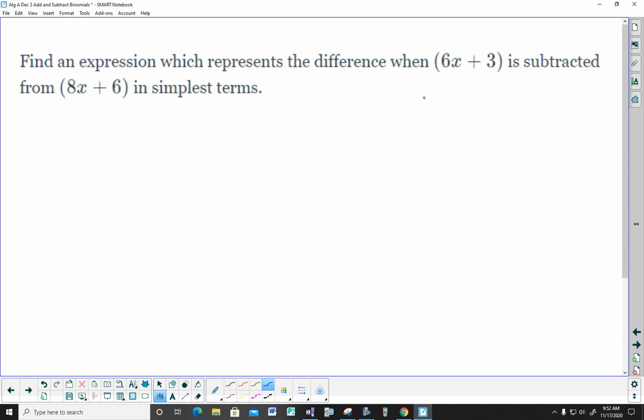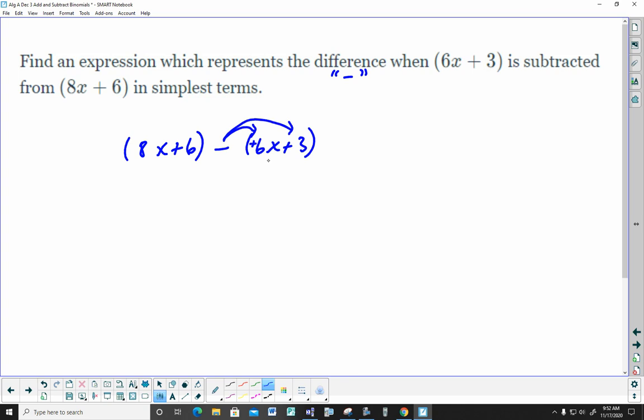All right? Now, this says it's a difference, so you're thinking subtraction. This piece is subtracted from that piece. So again, this piece comes first, minus this piece. And the subtraction symbol has to distribute through.